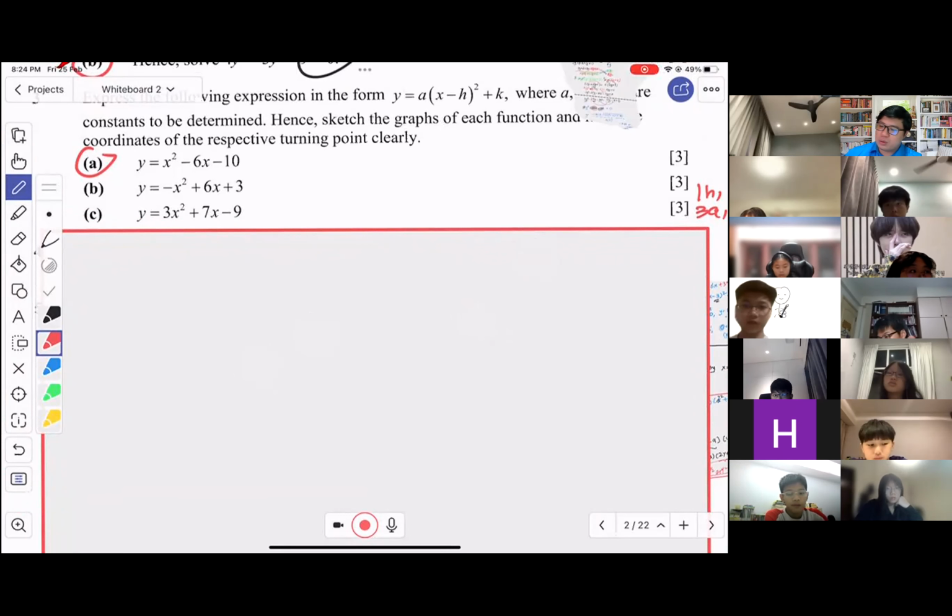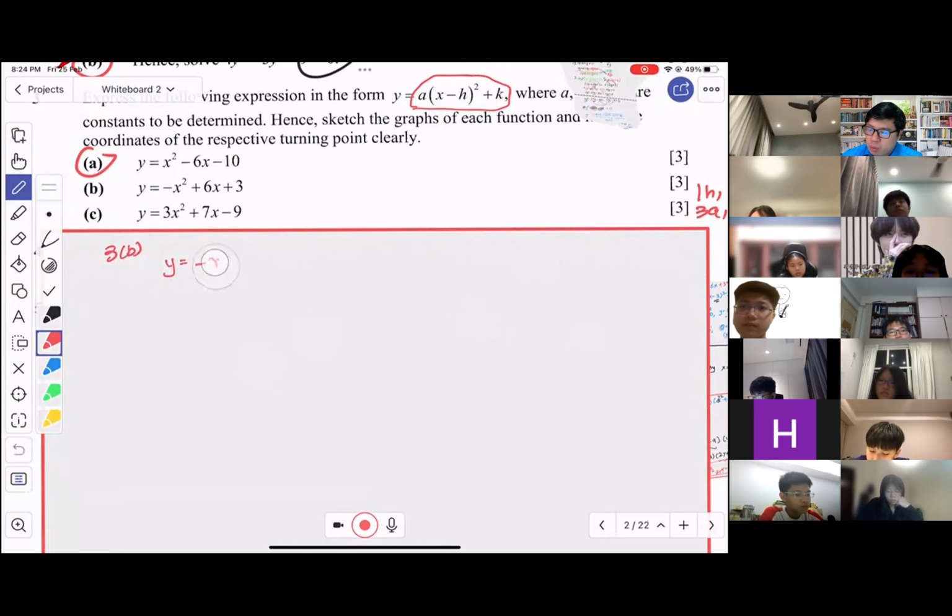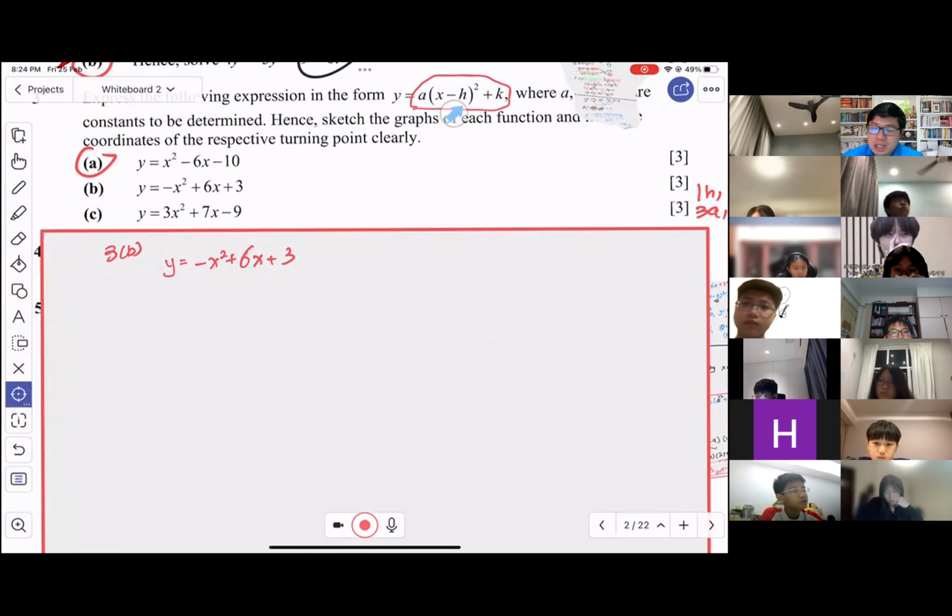So again, what I'll do is I need to express it in this form now. So first, 3B: y equals negative x squared plus 6x plus 3. For completing the square to get this form, we need to make sure that the coefficient of x squared is positive 1.